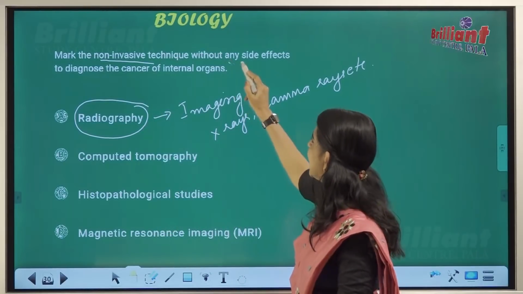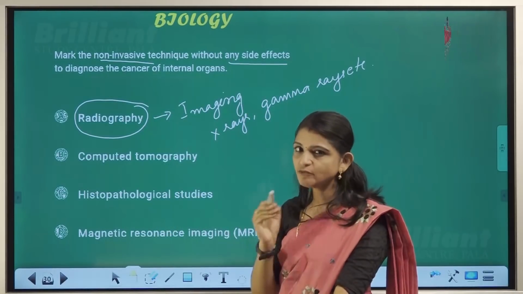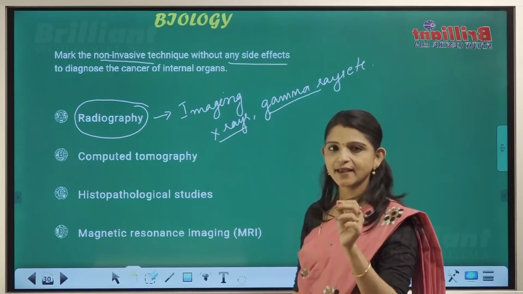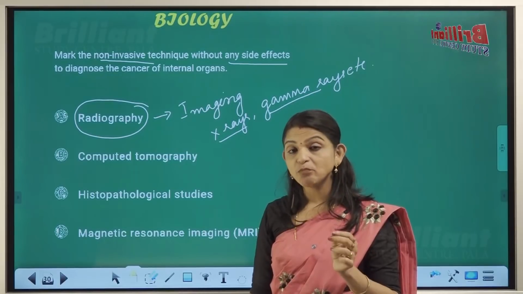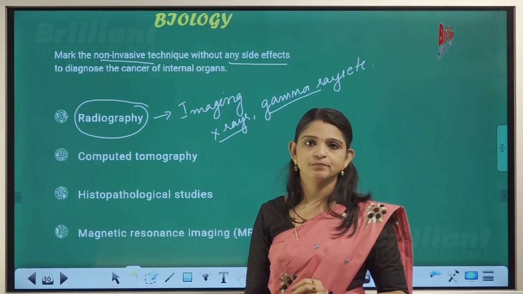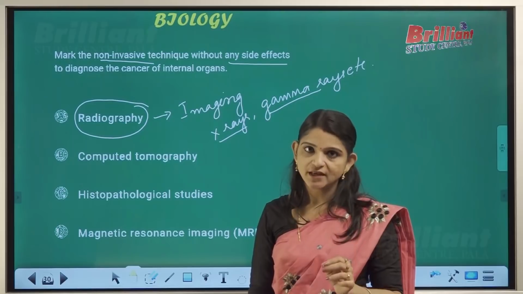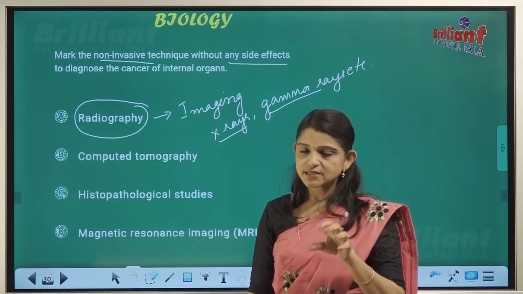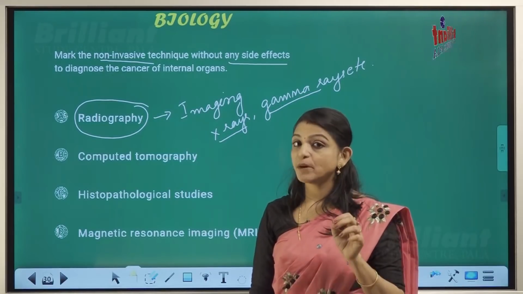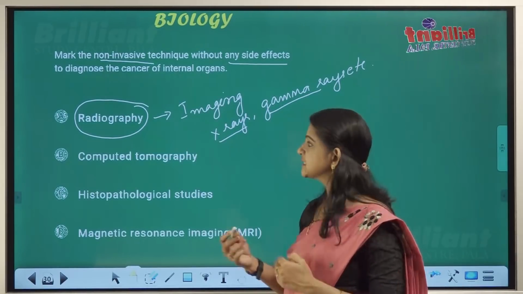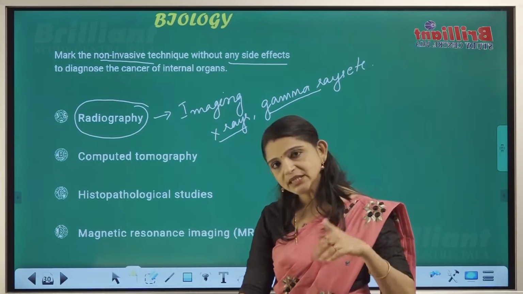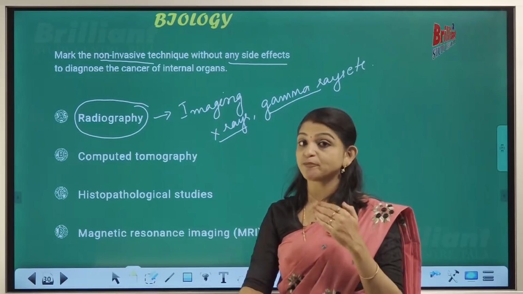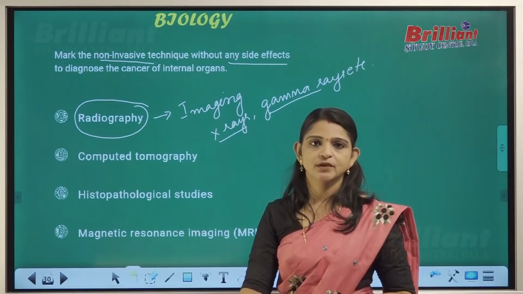Next one, they are asking about side effects. Here is one problem: as it uses ionizing radiations like X-rays and gamma rays, it may induce mutation, a heritable change in your DNA, and it can cause cancer of some other organ. It does not happen in all cases, but it has the side effect that mutation may happen. The more times you are exposed to this type of radiation, the more your chance of such mutation will increase.